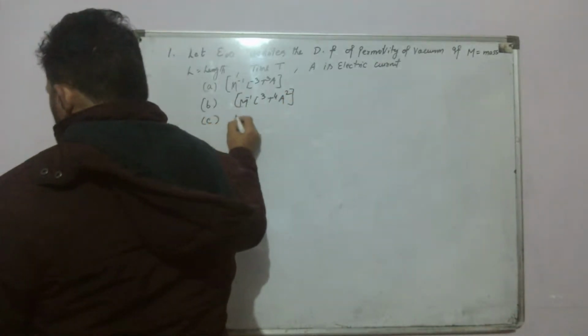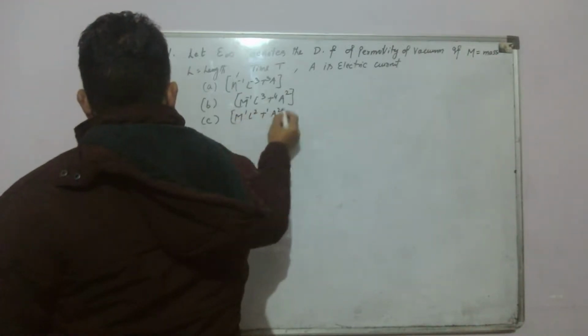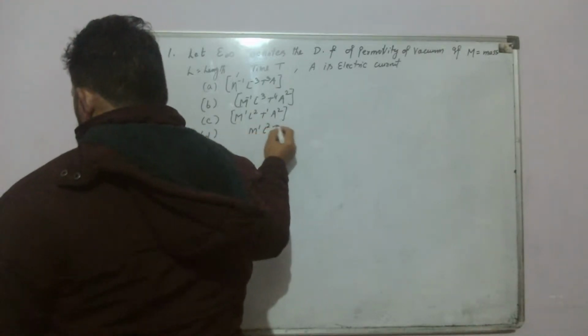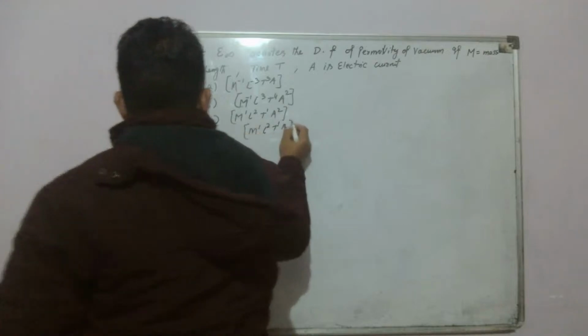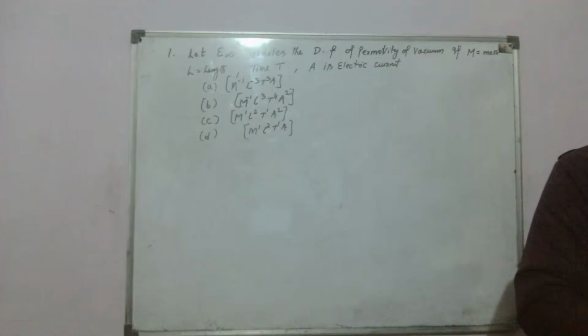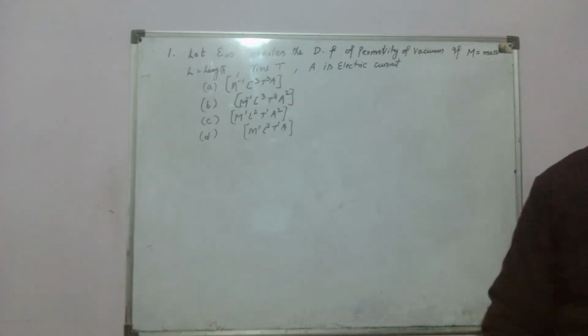C option is M1 L2 T1 A square, and the third option is M1 L2 T1 A. So which is the right answer from this case? So you apply the formula. You all the students are aware about the formula, grade 12 students are also aware. Which formula can you apply and find the resultant? What is the dimensional formula of epsilon infinity? Is it A, B or C?